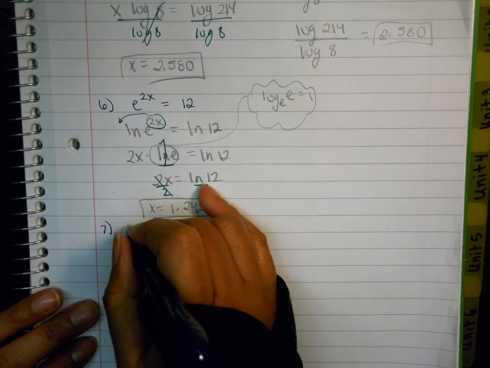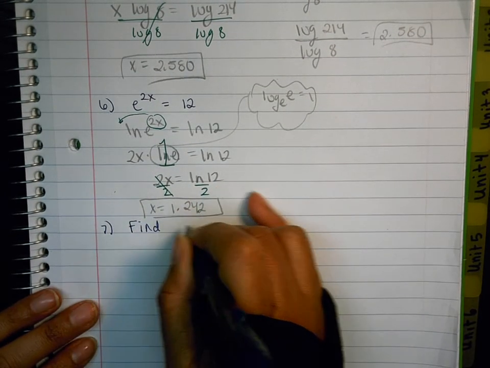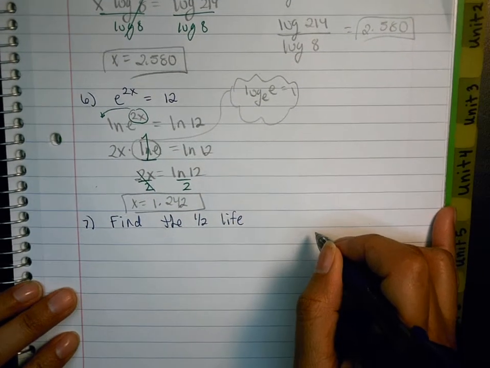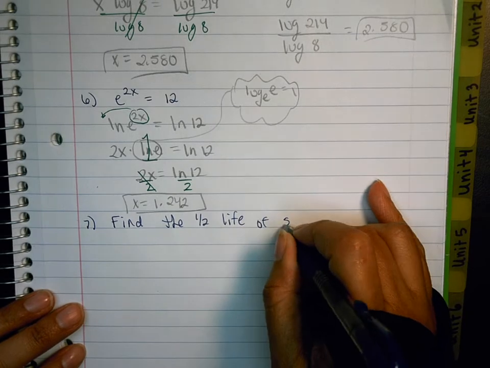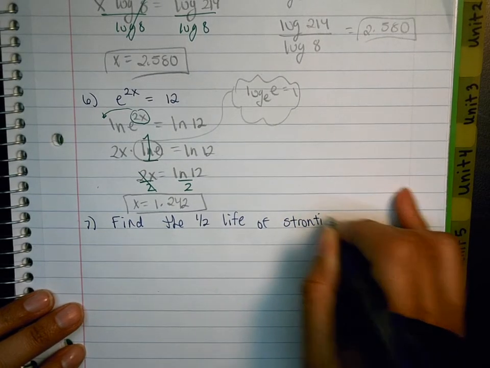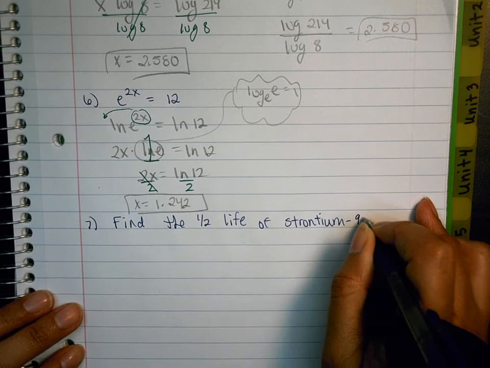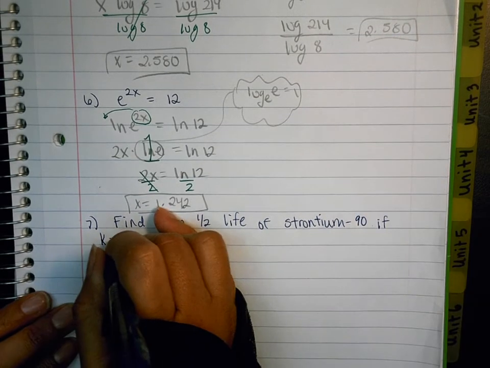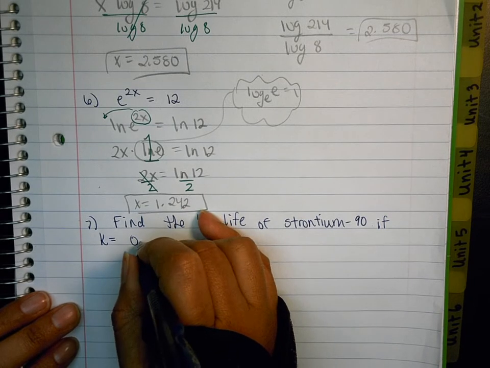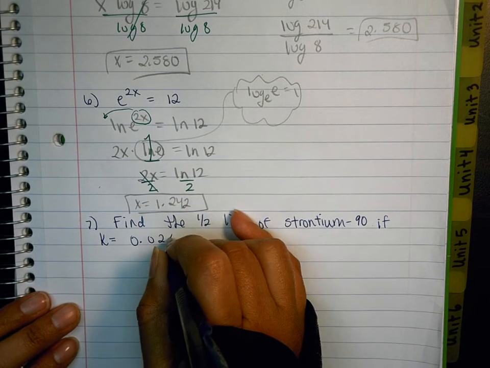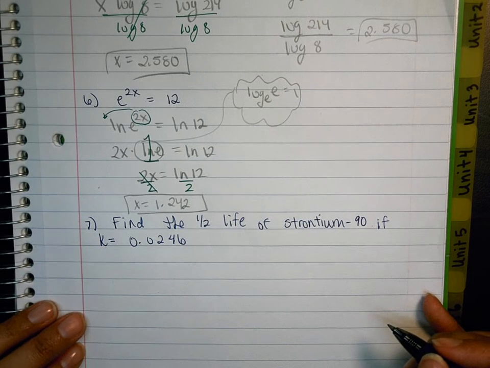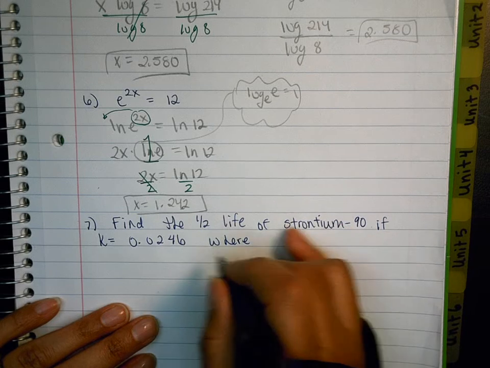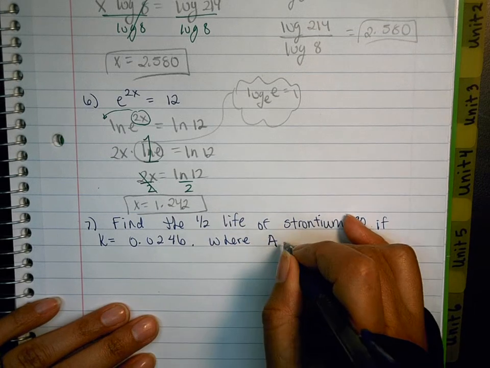Find the half-life of strontium-90 if K equals 0.0246, where here's the equation they're going to give to you.